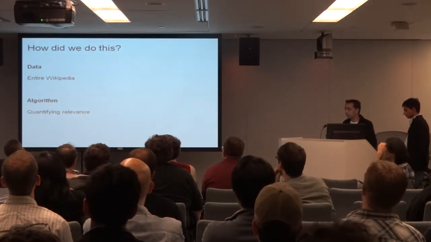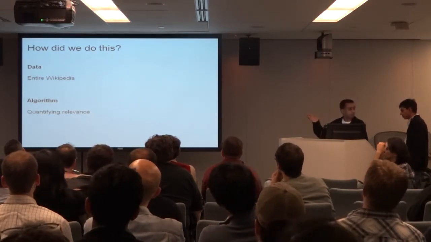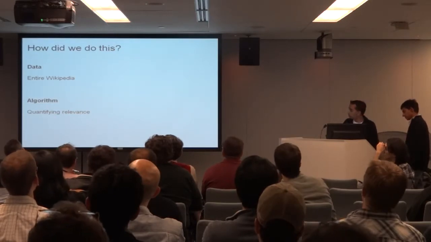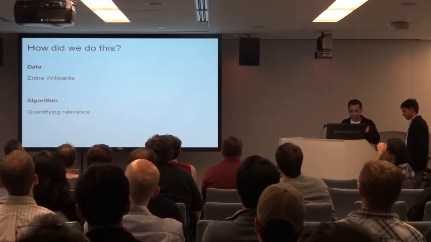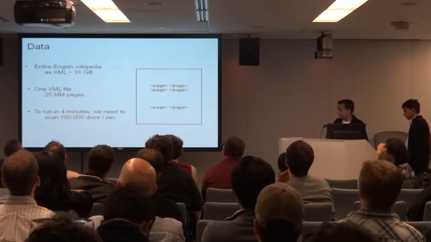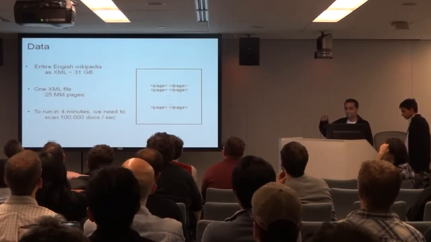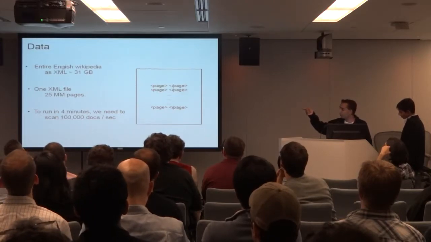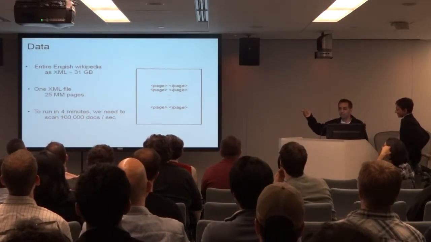Now let's dive a little bit deeper into how we did this. The first step is getting the data, and then I'm going to go into the algorithm part. From one of the earlier slides, I've now learned that this is actually small data, and large data starts from terabytes.